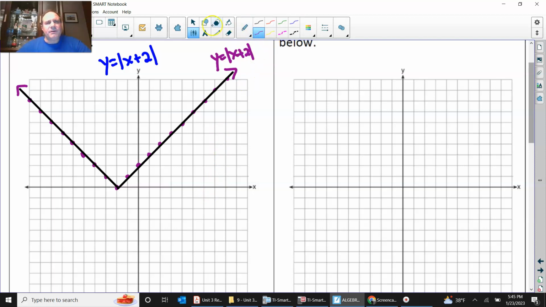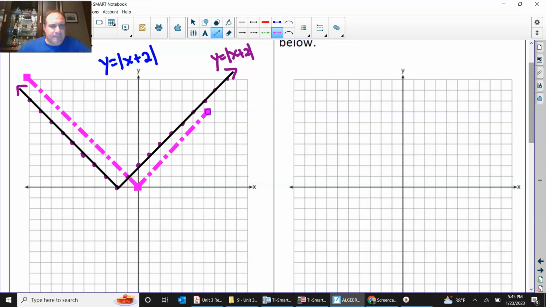Now remember, the parent function of absolute value is this: y is the absolute value of x.